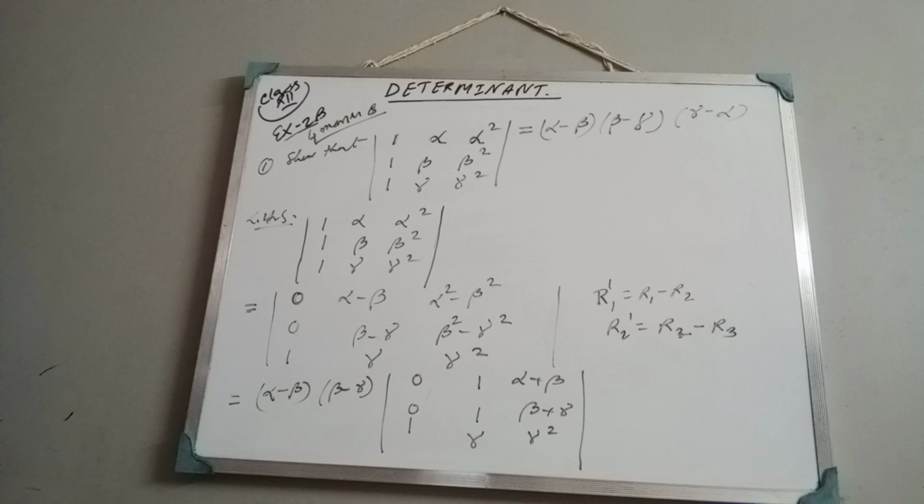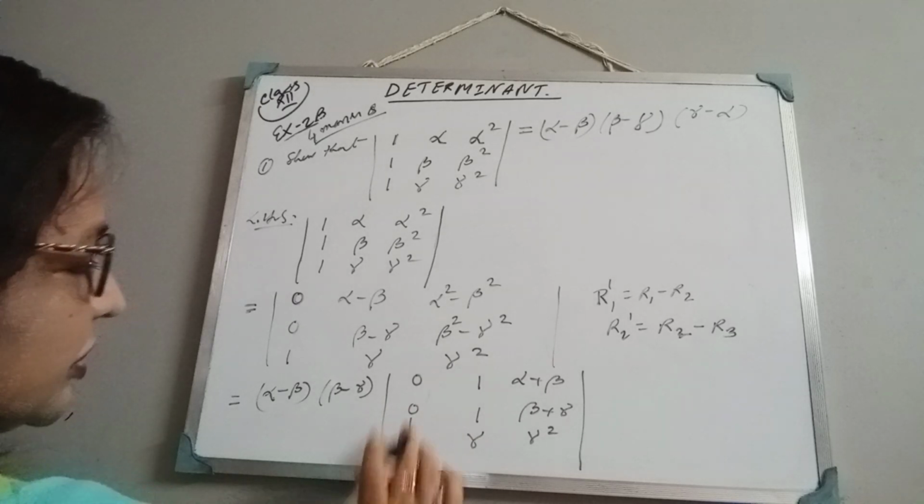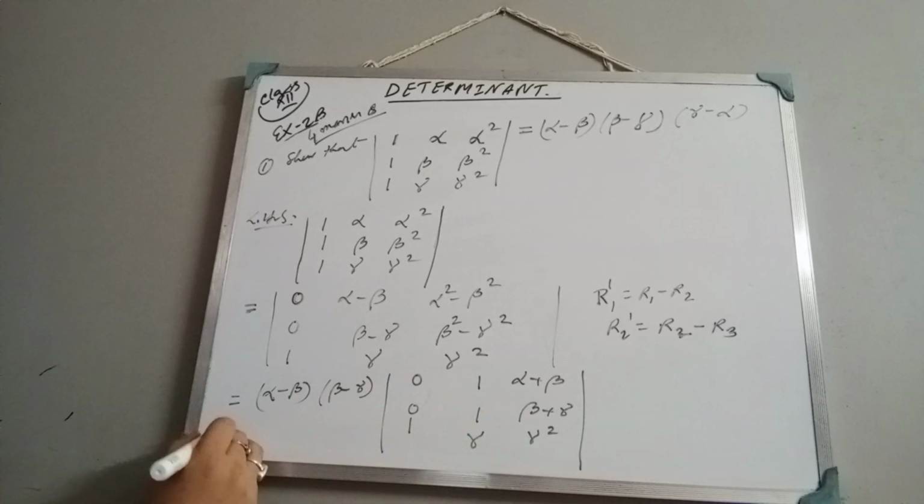The signs are plus, minus, plus. So plus means 1 into beta plus gamma minus alpha plus beta. We are doing the expansion with respect to the first column.